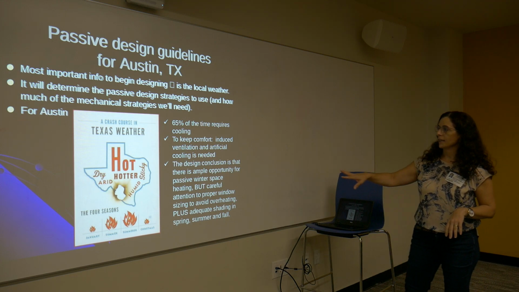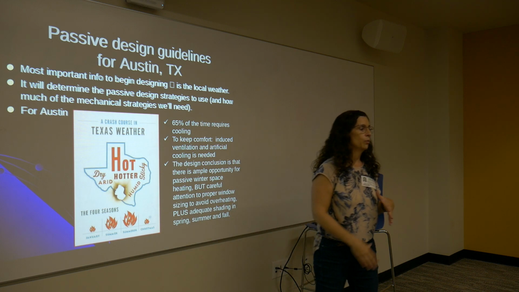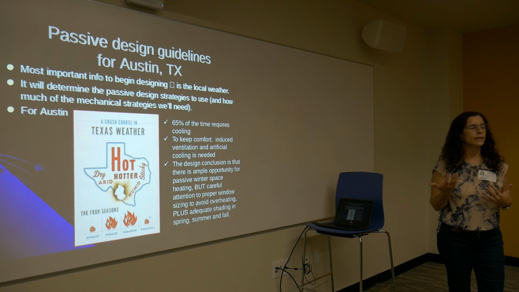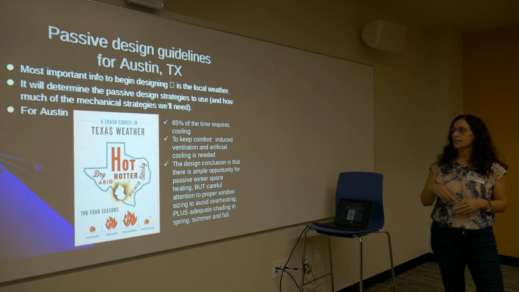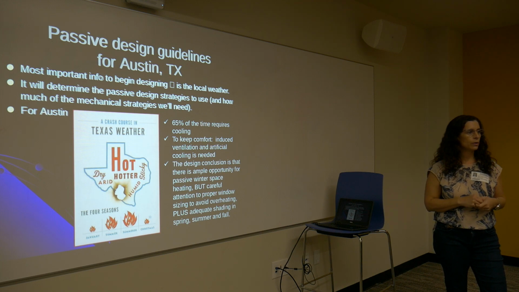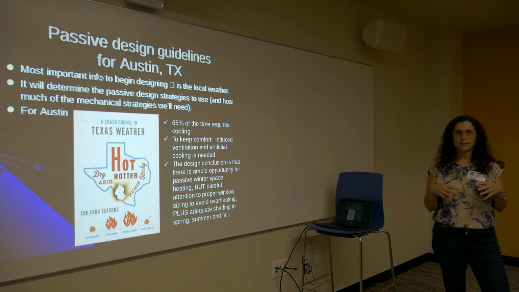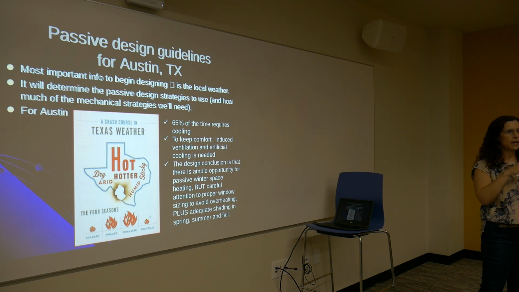So for Austin, we know it's really hot. It's a very hot climate. We have most of the months that we will need cooling instead of heating. And actually 65% of the time we require cooling over heating. To keep the comfort, there's the comfort zone, which is the time of the year or the temperature that you need to feel comfortable, like we are now.